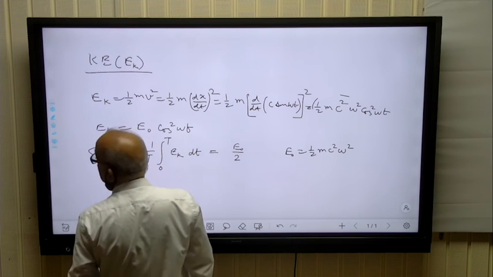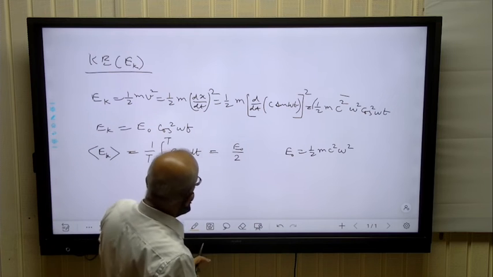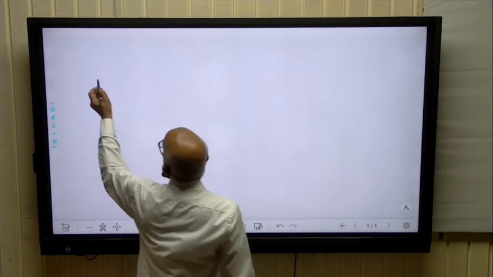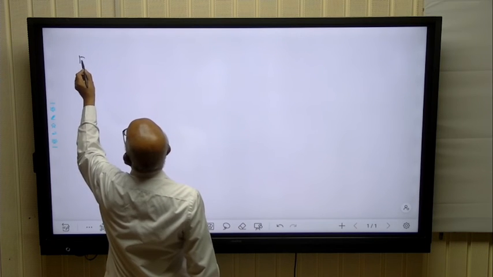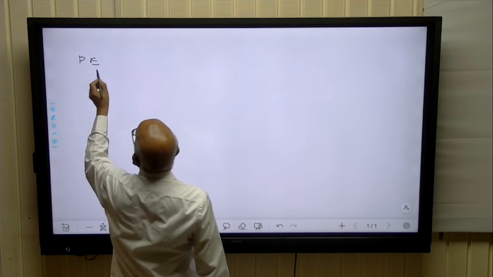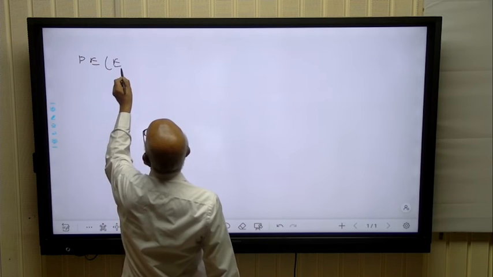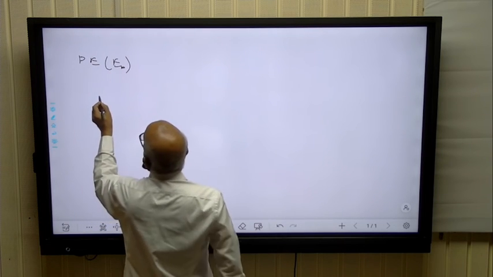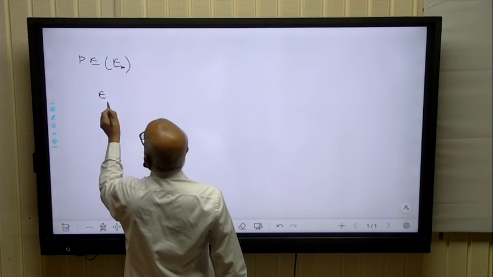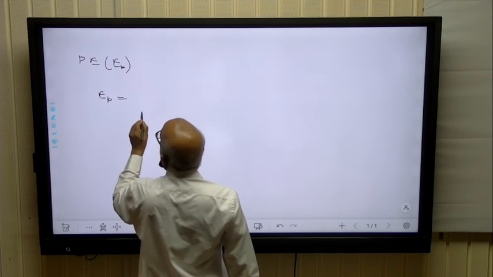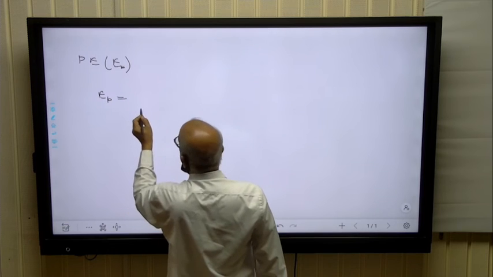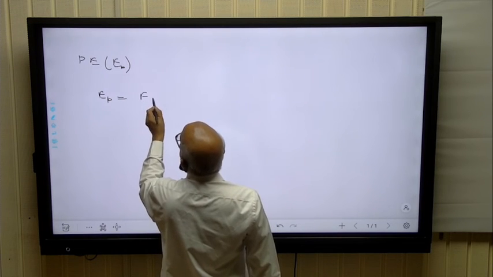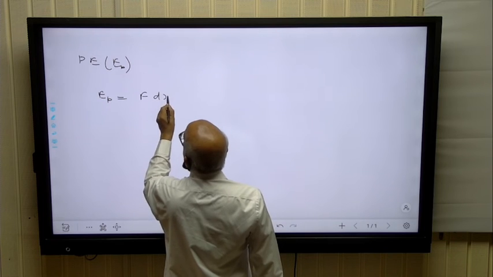Okay. Now we come to potential energy, E P. From the definition, E P is equal to the integral of F dot dx.